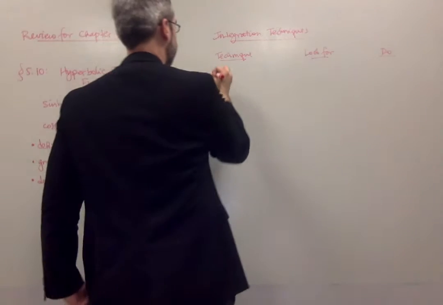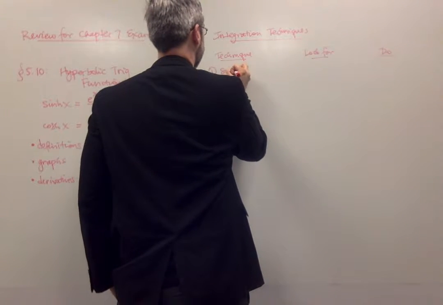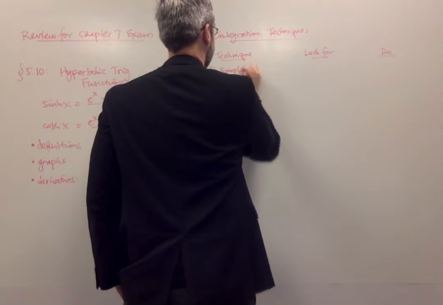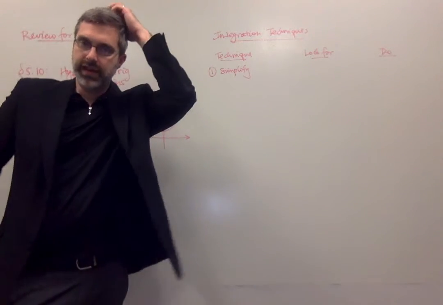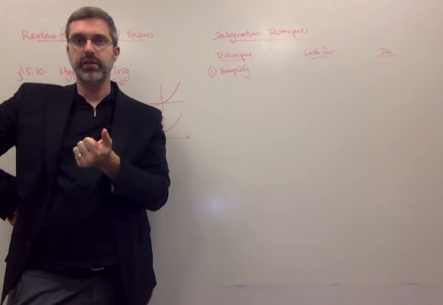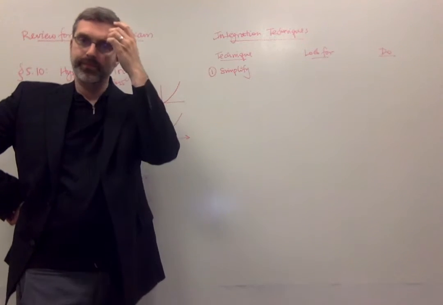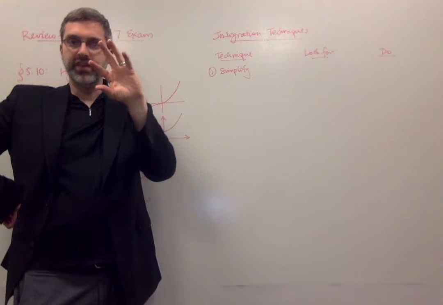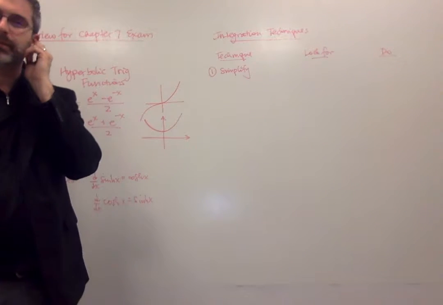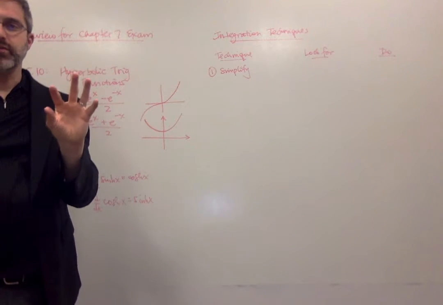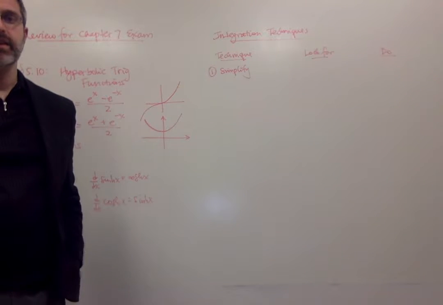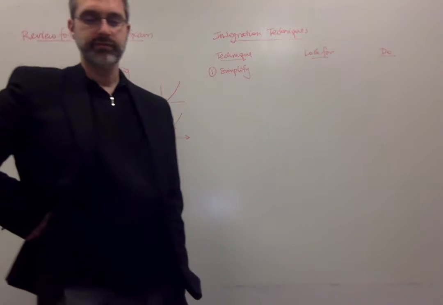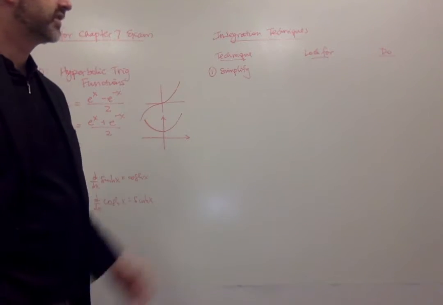So the first thing we had, again, was simplifying. And simplifying is a fairly broad category. We had things like multiply out, divide, move things around so they're in a better form. Like if we've got 1 over x squared, we make it x to the minus 2, so we've got a power function, that kind of thing. So I won't list all that stuff out here, but this is stuff that we've seen before.